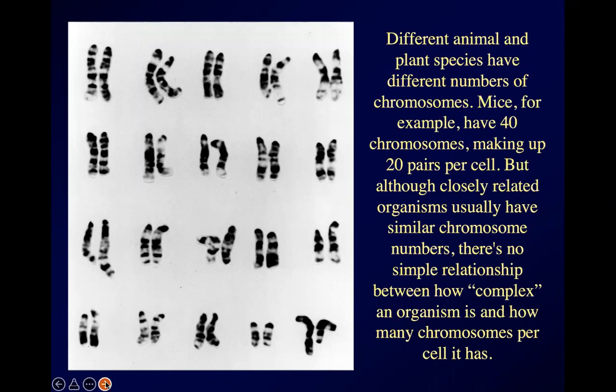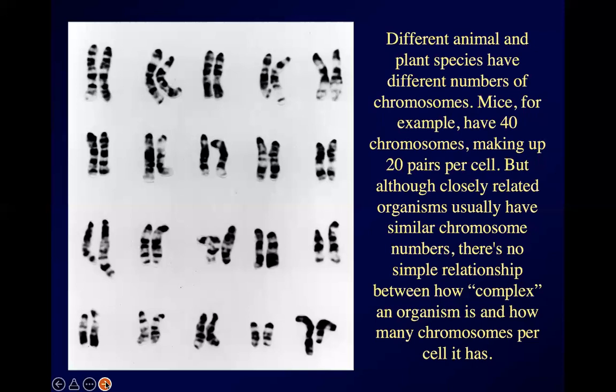Fruit flies have 8 chromosomes arranged in 4 pairs. A very small plant called the adder's tongue fern happens to contain 1,260 chromosomes per cell, which you can arrange in 630 pairs, and so on.